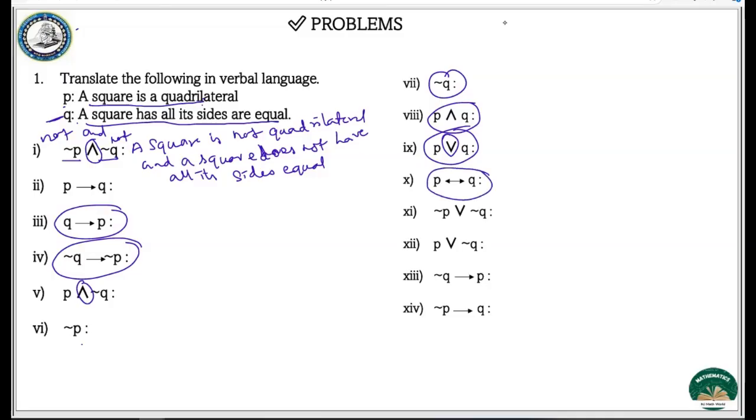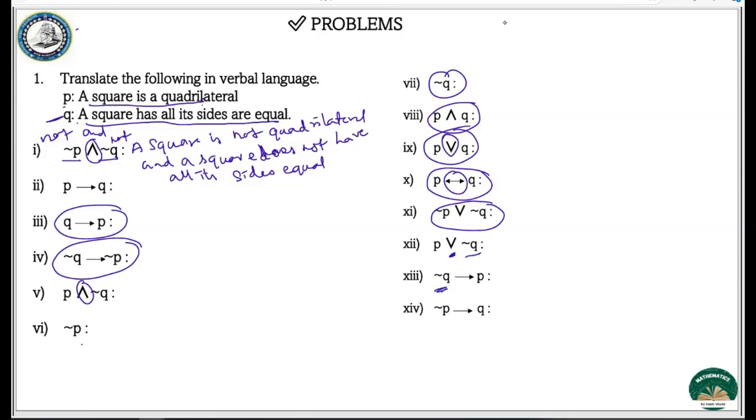Then P double implication Q means if and only if: a square is a quadrilateral if and only if a square has all its sides equal. Negation P or negation Q means you use not for both statements and join them with or: a square is not a quadrilateral or a square does not have all its sides equal. Then P or negation Q: a square is a quadrilateral or a square does not have all its sides equal.